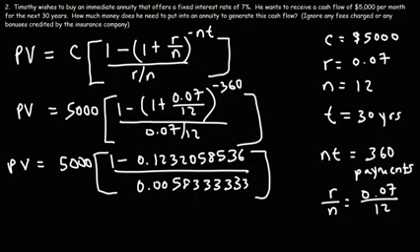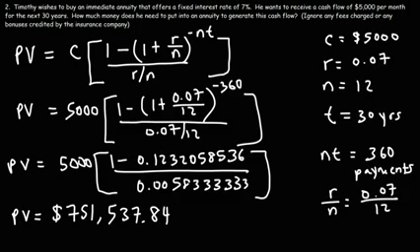You should get 150.307568. If you multiply that by 5,000, you'll get the present value, which is $751,537.84.